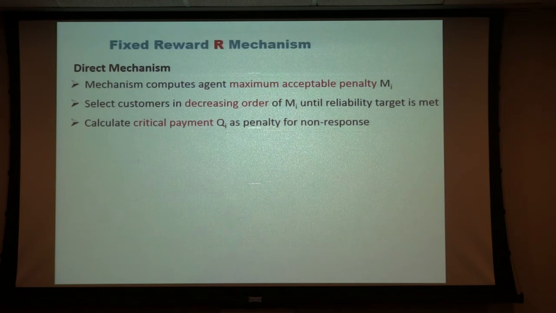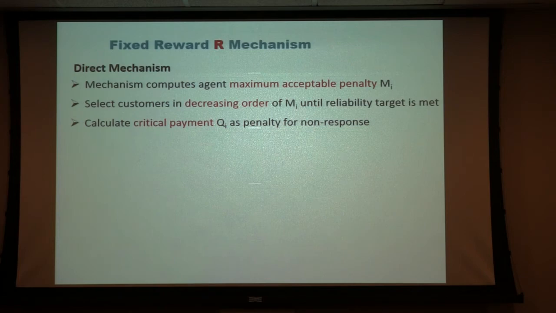So this is one mechanism. Mechanism designs are different, like direct mechanism design and indirect mechanism design. When I talk about direct mechanism, as I said before, I will ask the individual person to give me your uncertainty. And the mechanism will compute, and that's what we did, the maximal acceptable penalty for the individual person.